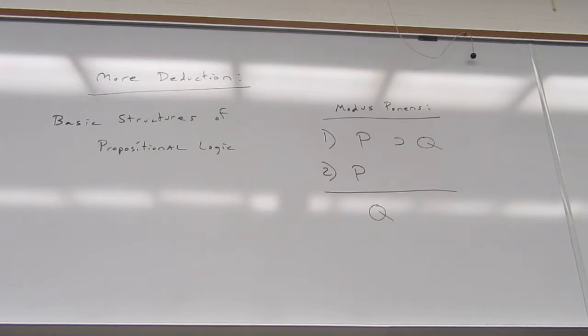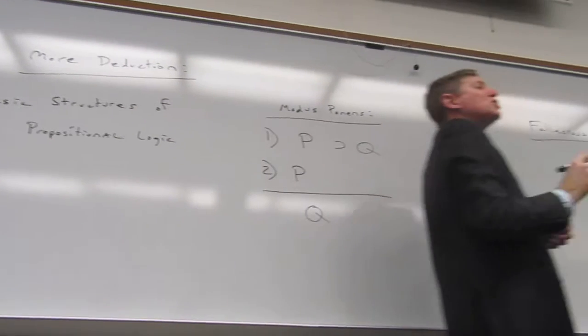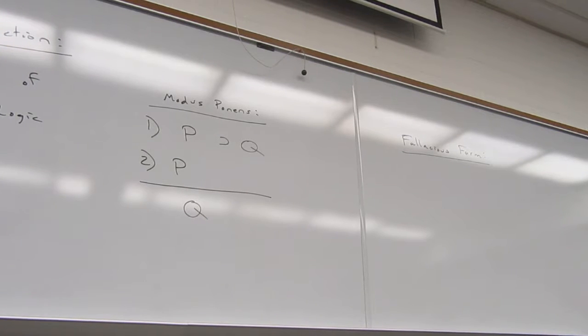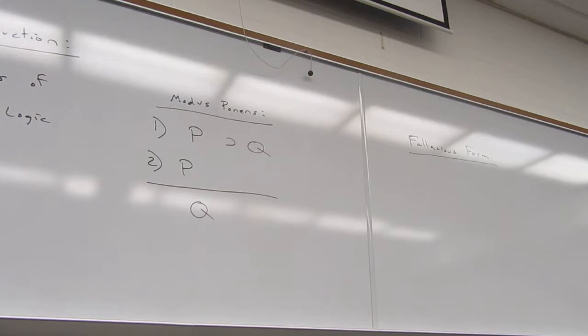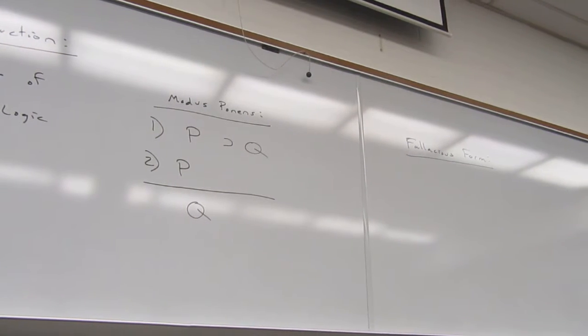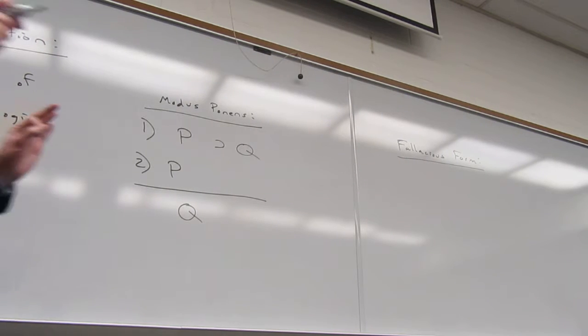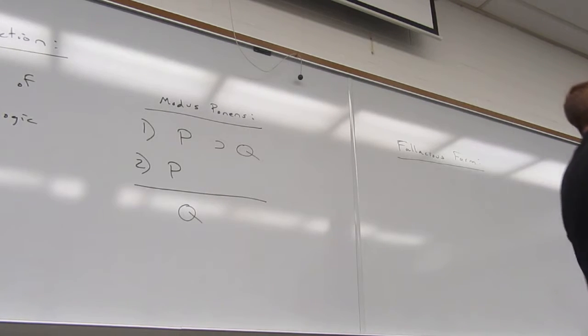Now, even though this happens a few pages in, I want to introduce you to a formally fallacious form of argument. What's a formal fallacy? We call them formal fallacies because why?